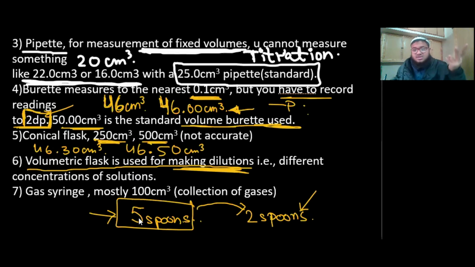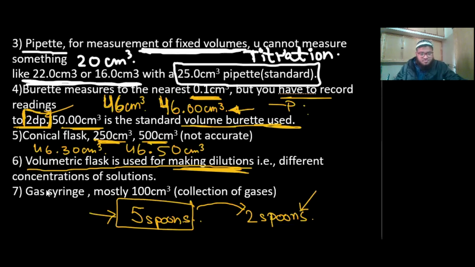So the second way of changing the concentration is by adding in more water. When you add in more solvent, the ratio of solute to solvent changes and decreases. And since this ratio decreases, the concentration now decreases.